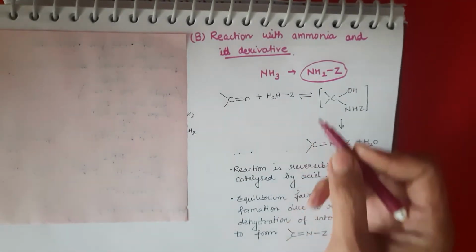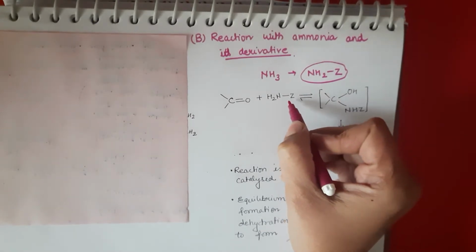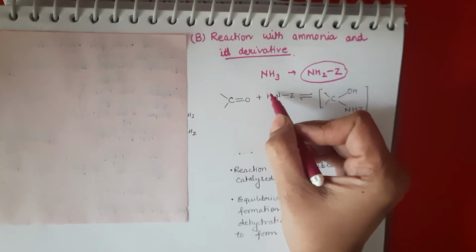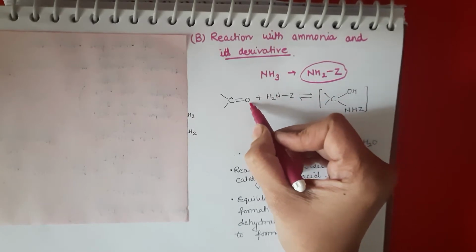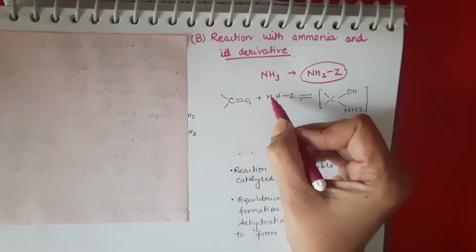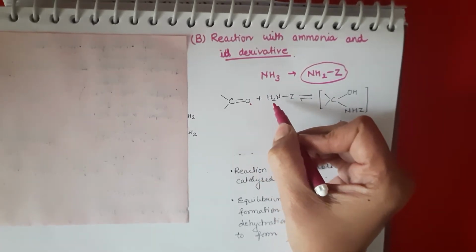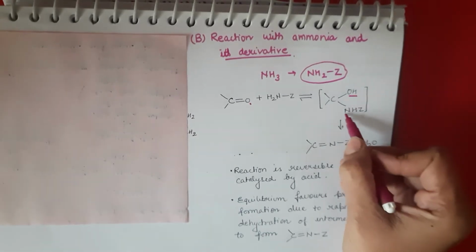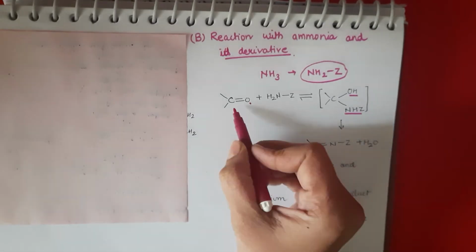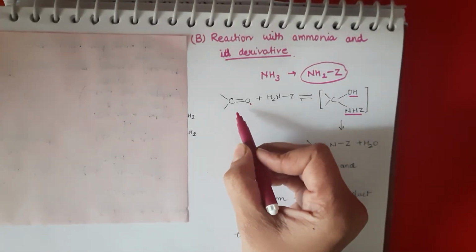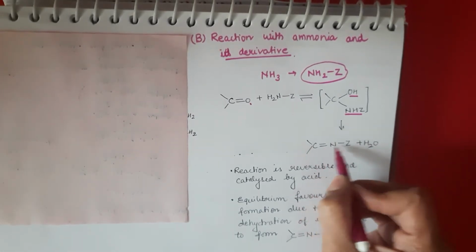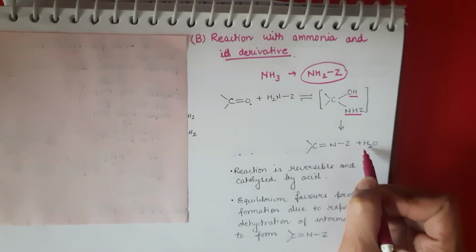The H, in the form of H plus, attaches to oxygen, because oxygen has nucleophilic character and H plus is an electron deficient center, so it forms OH here. The rest of the part, which is negatively charged and nucleophilic, forms a bond with carbon because carbon is electrophilic, and then it forms this C double bond N Z plus H2O.